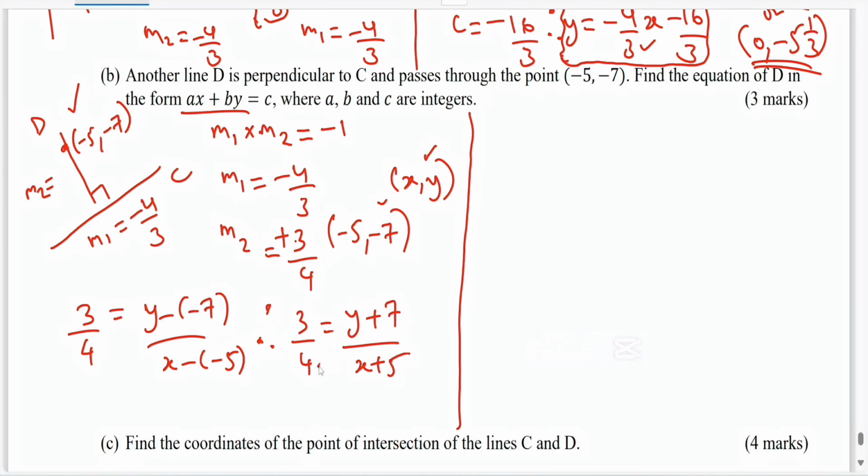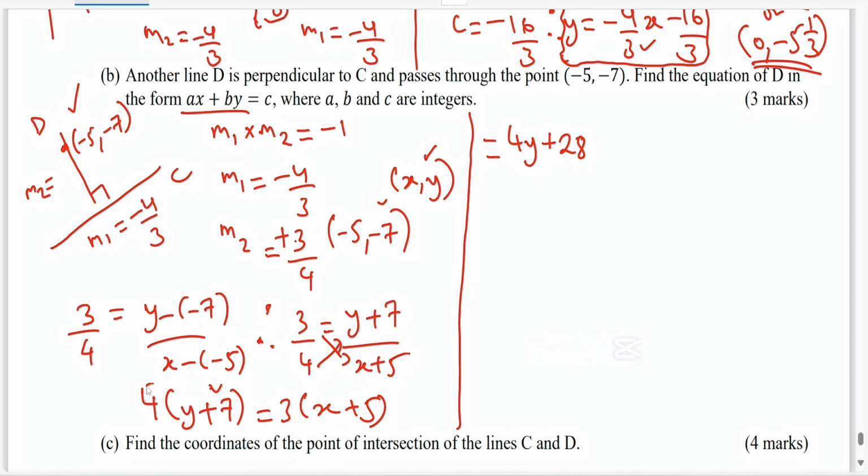Cross multiply: 4 times y plus 7 equals 3 times x plus 5. If you open up the brackets, 4 times y is 4y, 4 times 7 is 28.